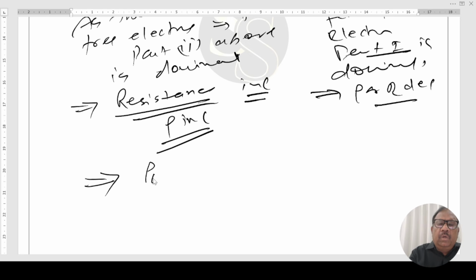Resistivity rho T equals rho 0 into 1 plus alpha into T minus T0.